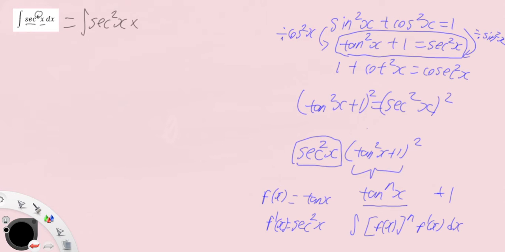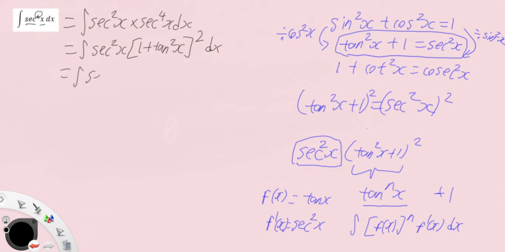Secant x times secant power 4x. Substitute secant power 4. We need to isolate secant squared x. Now, simply 1 plus tangent squared x, or tangent squared x plus 1, both are the same. From here, just do your simple expansion. I'm going to basically simplify this early on.